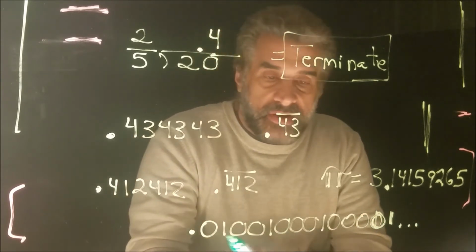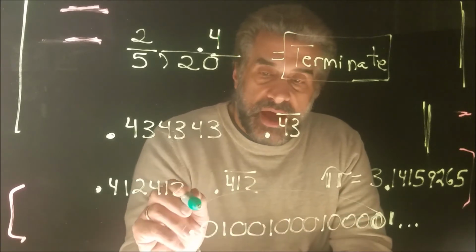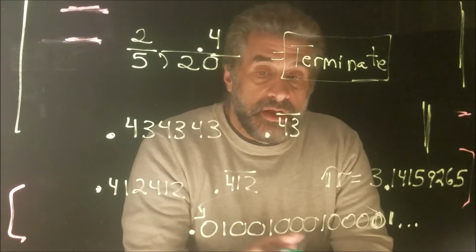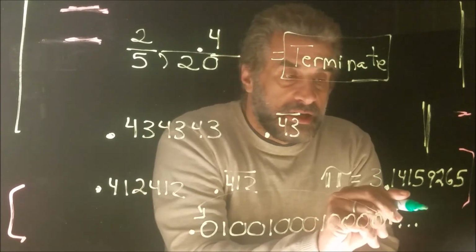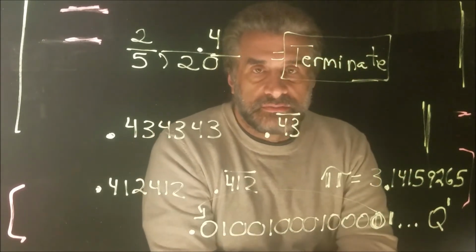Right, that's a pattern. There is a pattern here. But the problem is the pattern does not repeat back to 0, 1. If it did, this would be rational. But because the pattern does not repeat, this is not rational. And sometimes they put this Q with a line on top of it to say it's not rational.